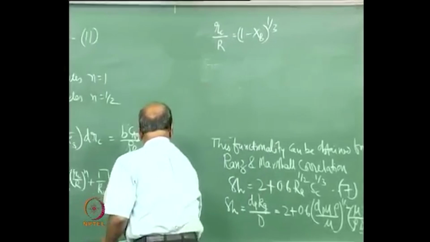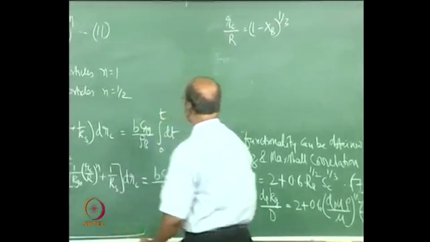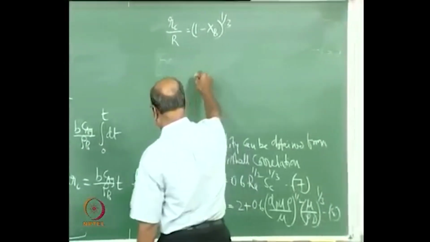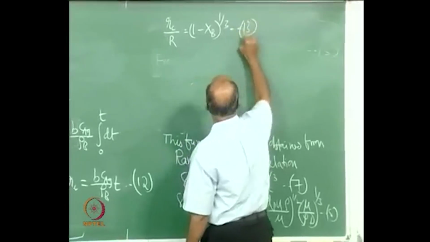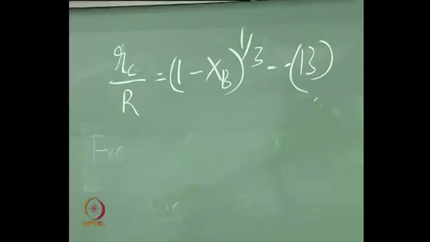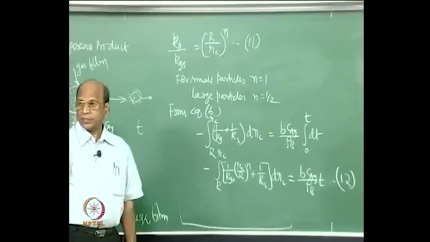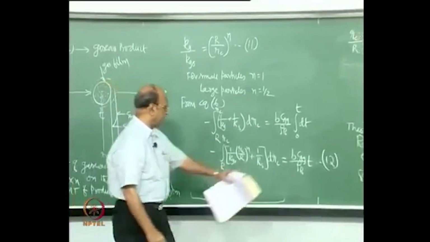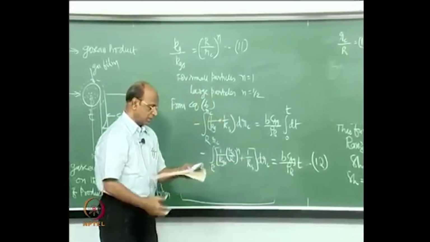This equation I will call it as 12. Now this is 13. So, substituting equation 13 in this and then integrating, directly you will get in terms of time and then conversions.